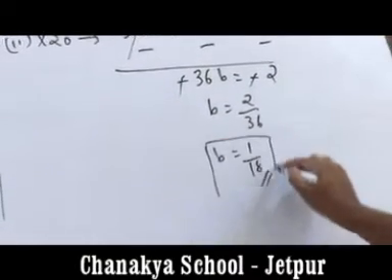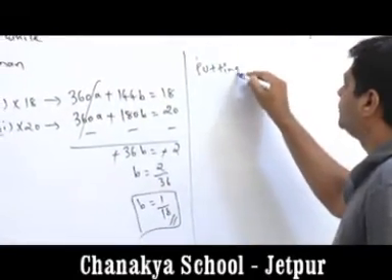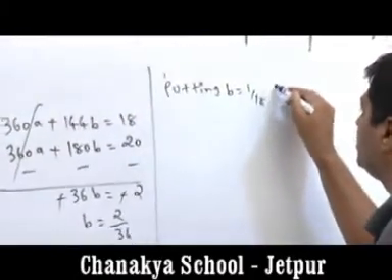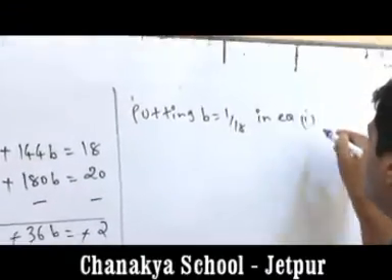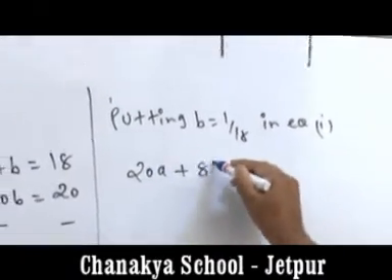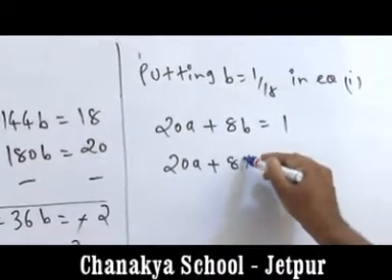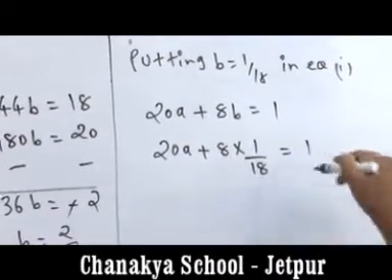Okay students, now putting b equal to 1 by 18 in equation number 1, 20a plus 8b equal to 1, 20a plus 8 into 1 by 18 equal to 1.